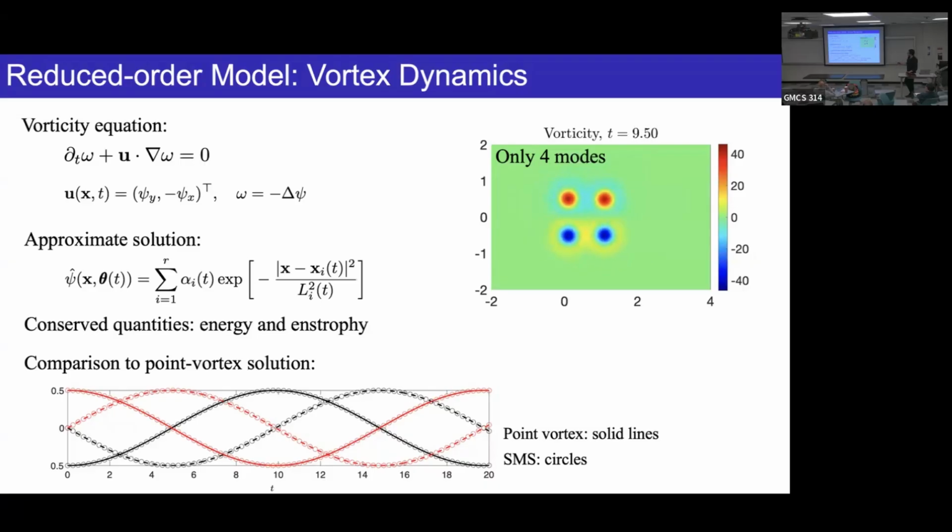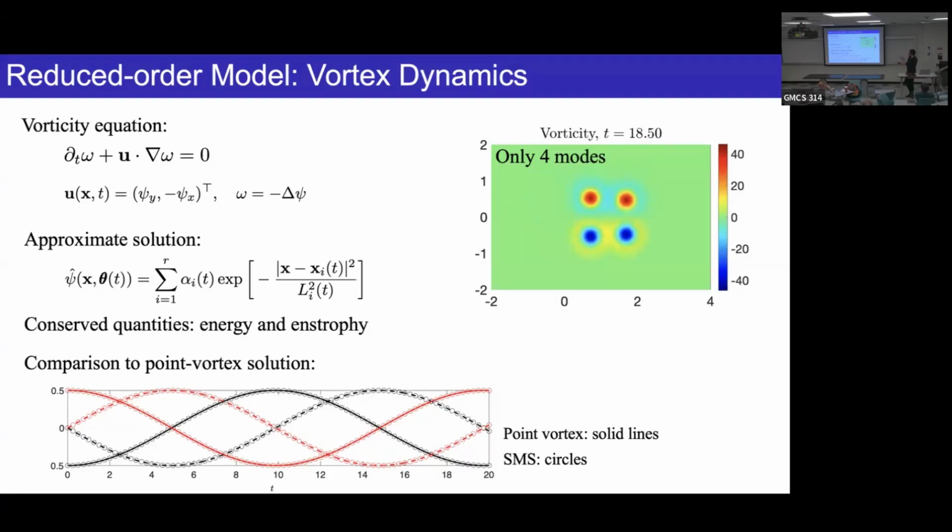In this example, we just decided to express our approximate solution in terms of the stream function, because if you know the stream function, then you know the velocity and you know the vorticity. So we started with the stream function, and our approximate solution has this form. It has time-dependent amplitudes, and each of the modes is an exponential, a Gaussian, with time-dependent centers and length scales.